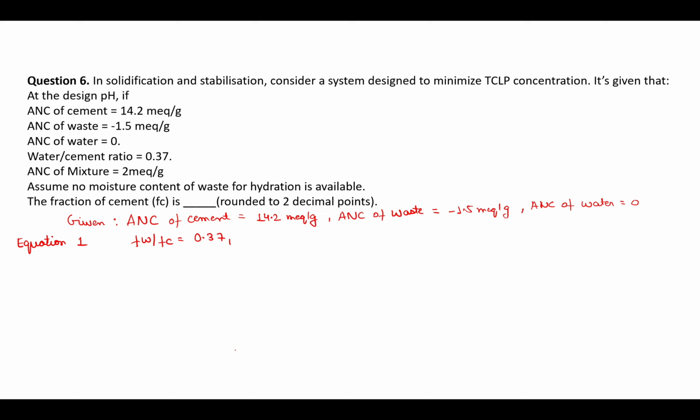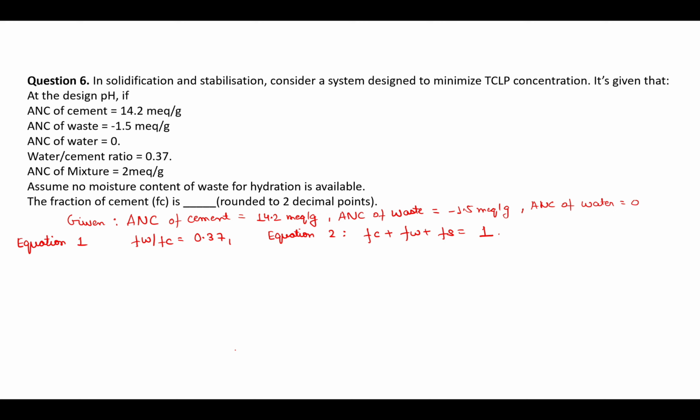Next equation, we know that fraction of water, cement and waste will be equal to 1. So fraction of cement plus fraction of water plus fraction of waste will be equal to 1.